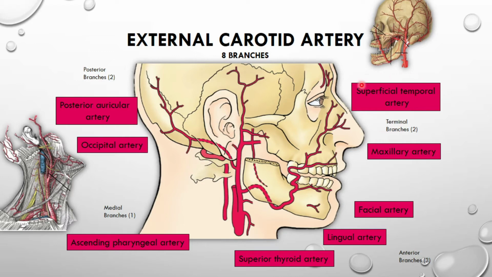And then we have two terminal branches. We have the maxillary artery, which is the biggest of all the external carotid branches, and it gives off a huge number of branches that are going to supply lots and lots of structures within your head and neck. We call this the infratemporal region.